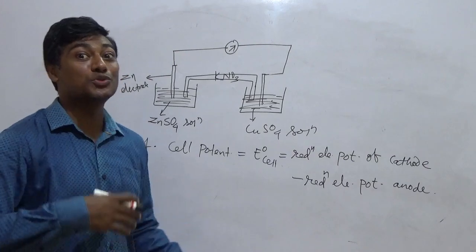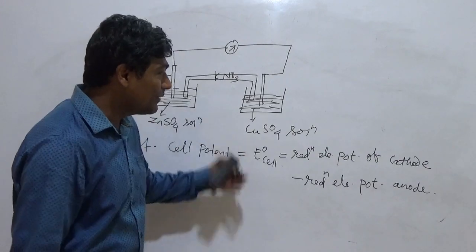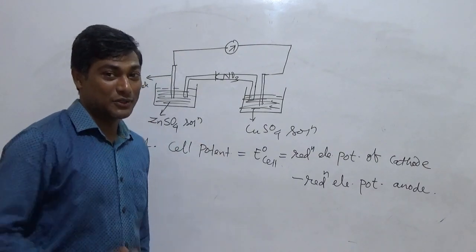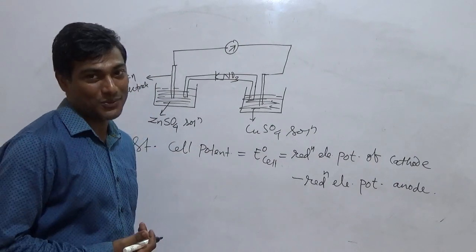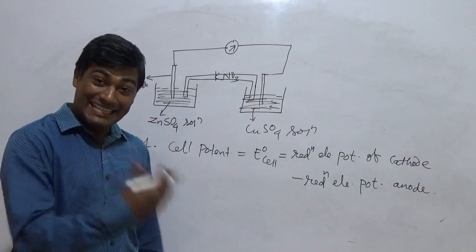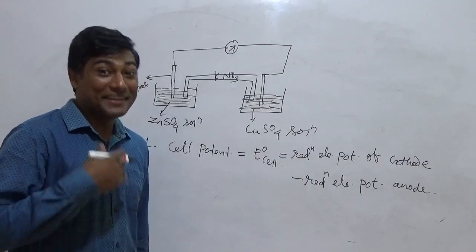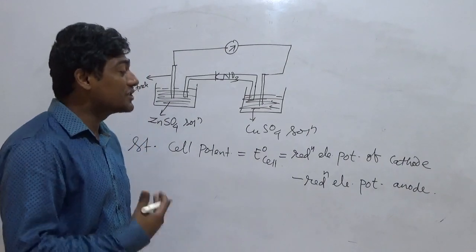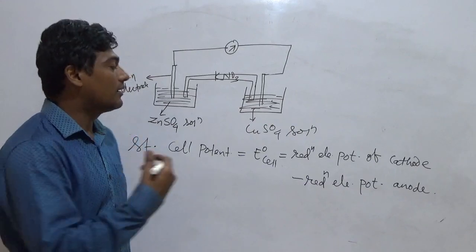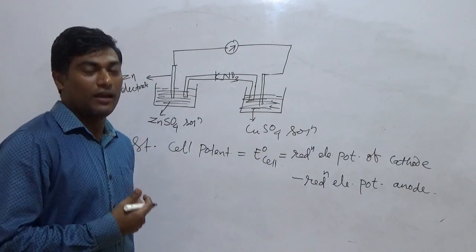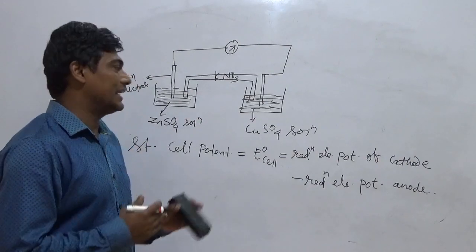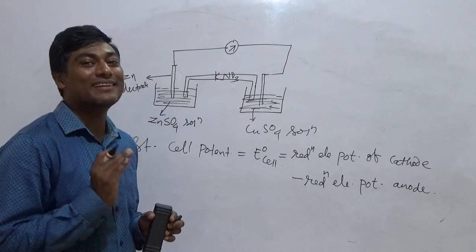So how to know who of them will be the cathode and who of them will be the anode? Okay, so it's the next challenge: how to determine who of them will be cathode and who of them will be anode. We can study it from the electrochemical series.